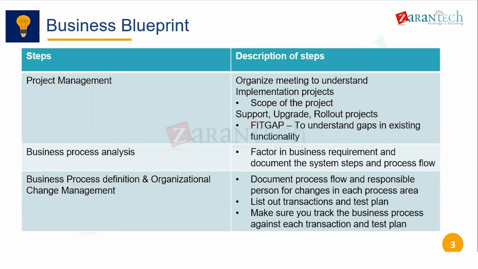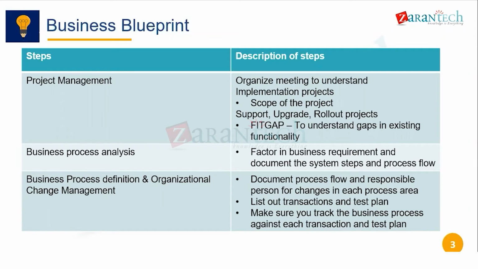There you list out all the phases of the project, for example project preparation, business blueprint, realization, final preparation. Under each step you define the process areas. For example, under business blueprint, you define the process areas, test plan, transactions, everything.